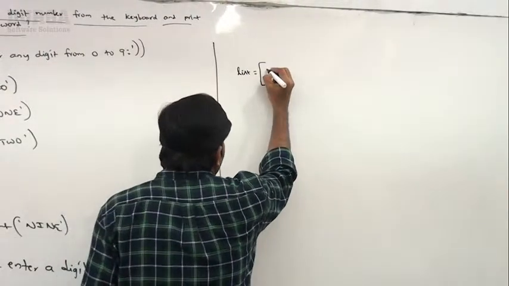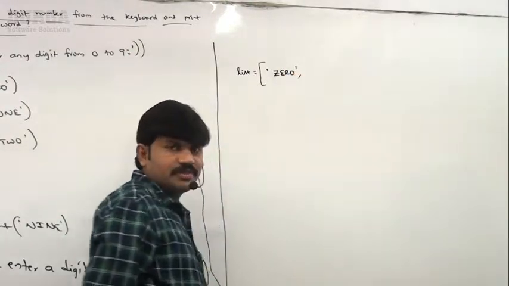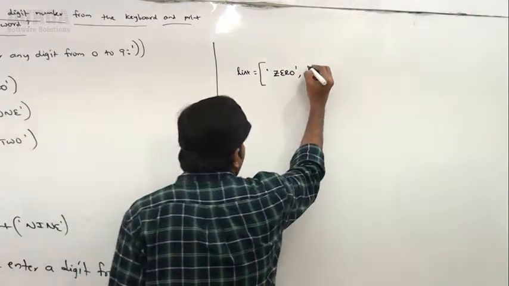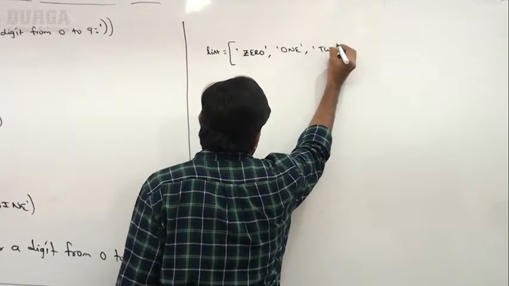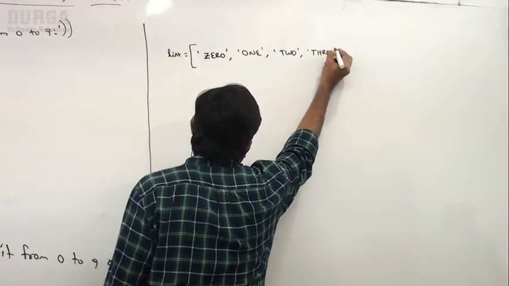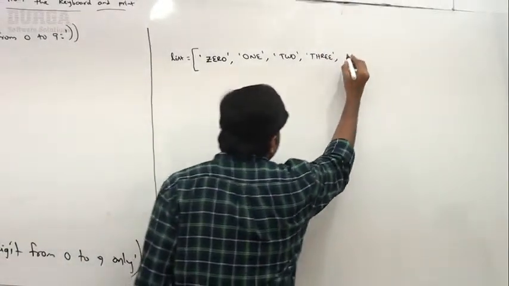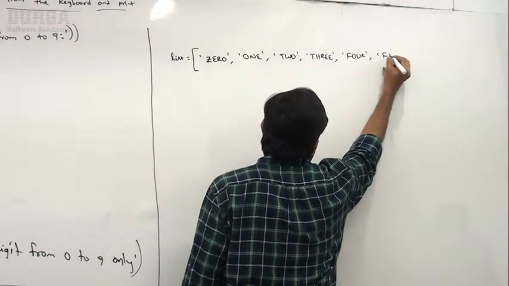Now I'm taking 0, first one 0. Next, second one 1. 2 I'm taking. Next, 3. Next, 4. Next, 5.